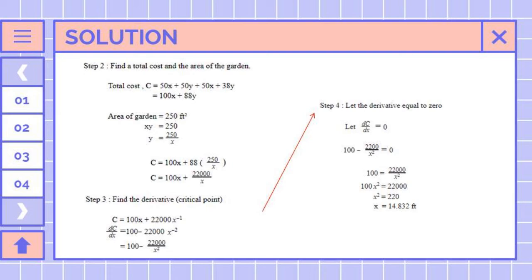It means 100 minus 22,000 over x square equals 0. And we will get 100 equals 22,000 divided by x square, and we will multiply by x square, and we will get 100x square equals 22,000. X square will get 220 when we divide the 22,000 by 100. So we square root the 220, and x equals 14.832 feet.